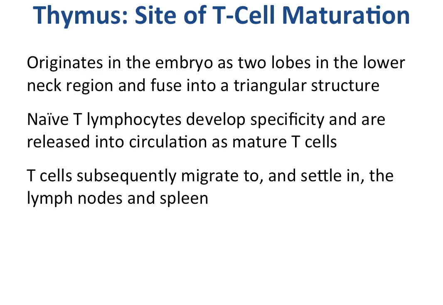The naive, baby T cells will get specificity and mature in the thymus. And then T cells can move to the lymph nodes and the spleen to stay there. Once the body needs more T cells, they can be released.